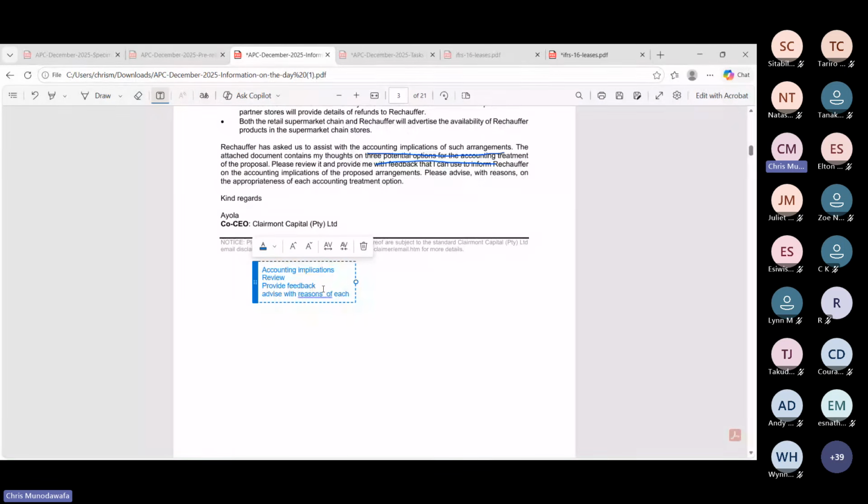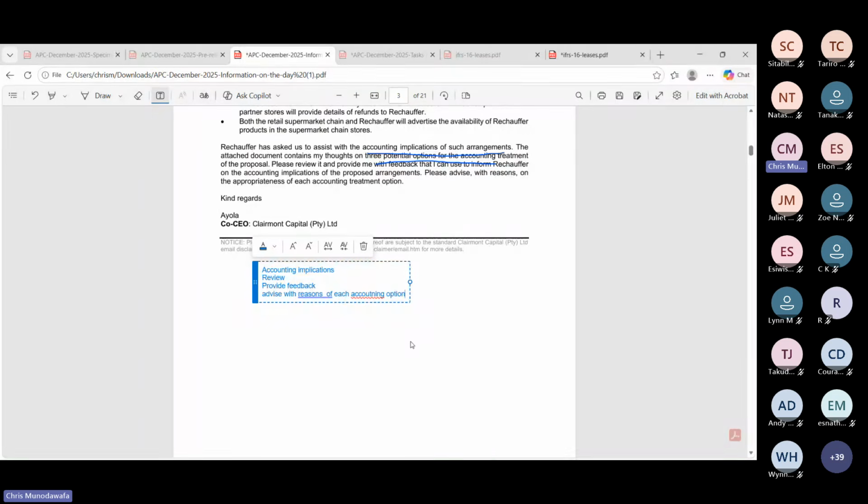They don't only want you to say which is appropriate; even for those that are wrong, I will state what applies based on the facts and circumstances available, why I'm saying it's not an IFRS 16. Then go to the next, IFRS 11. What is IFRS 11? I am reviewing what he did below, with the reason for each accounting option.